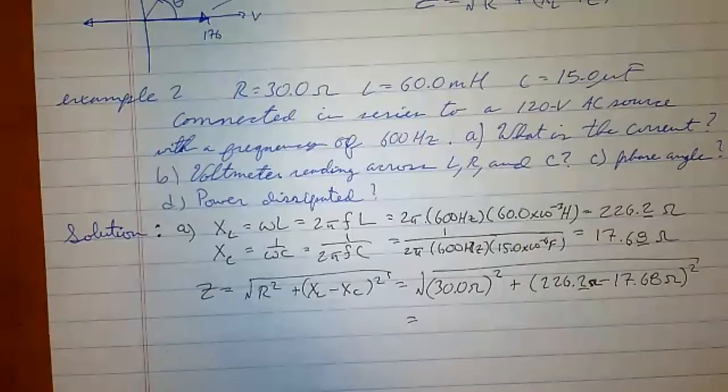So I'm going to take now and say 30 squared. So 30 squared again. Now I'm going to say 226.2 minus 17.68.